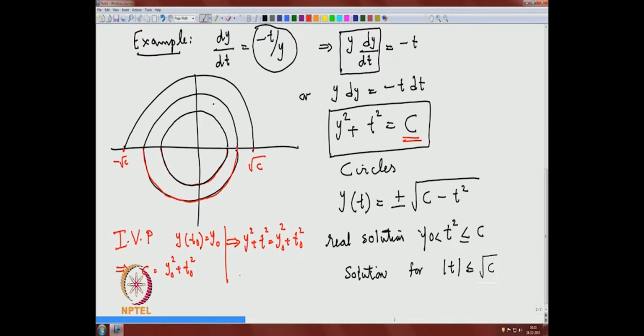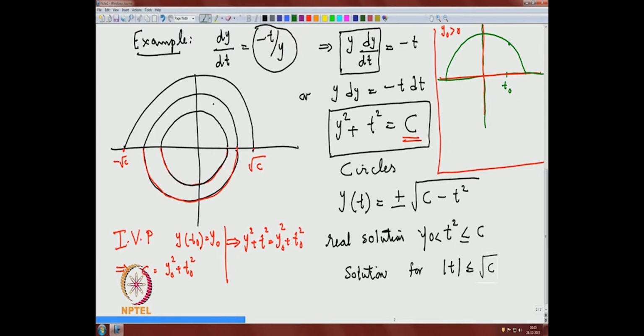Let me plot the curves on the same page, so that we complete this particular problem. Suppose your y naught is positive, what will happen? If you plot this, you have your t naught here, t naught can go negative also, and your y naught here. So, you will have the circle.